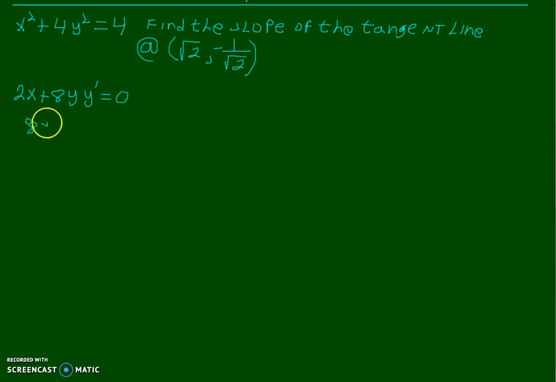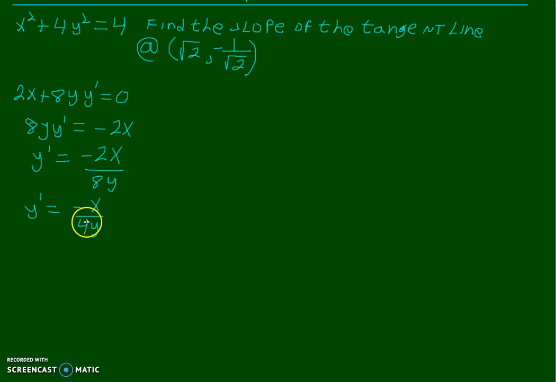So 8y y prime equals negative 2x, y prime equals negative 2x over 8y. Simplify this out, and y prime equals negative x over 4y.